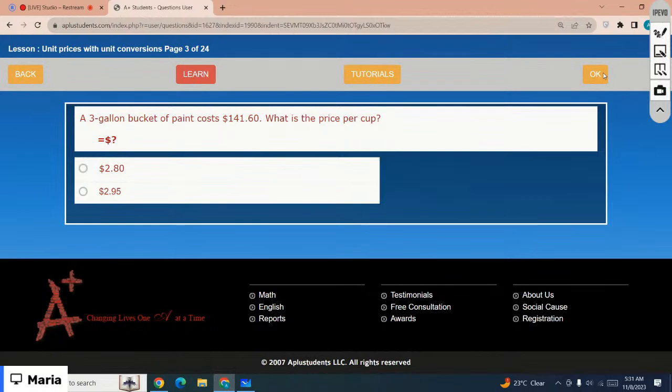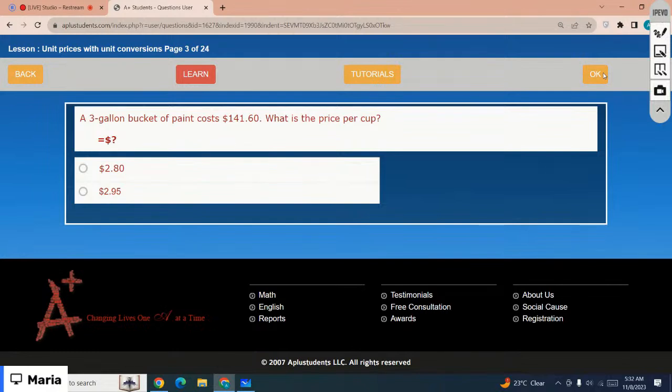A 3-gallon bucket of paint costs $141.60. What is the price per cup?